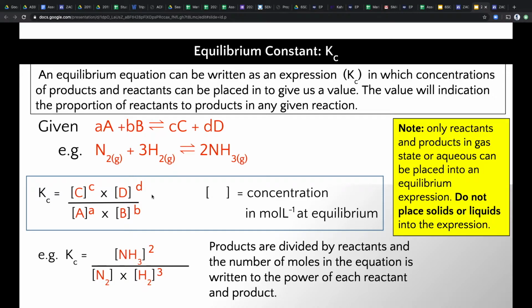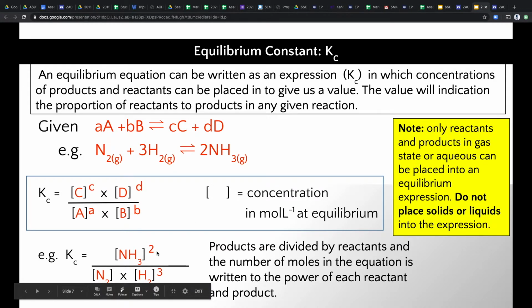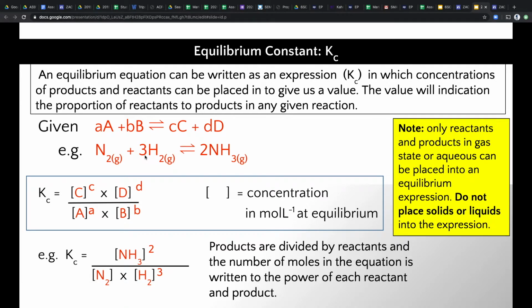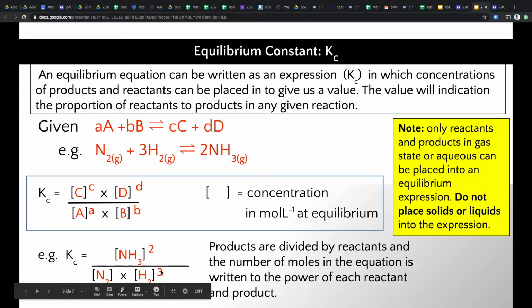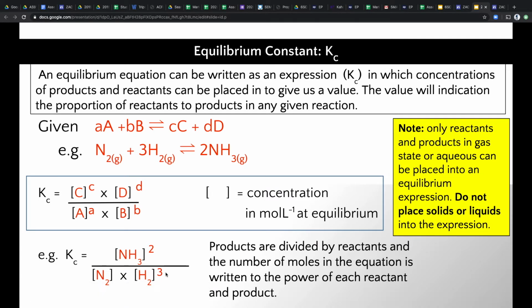So in the case of this Haber process forming ammonia, we make sure we square the concentration of ammonia here in the numerator. And we've also raised the power of hydrogen to the power of 3 in the expression here.